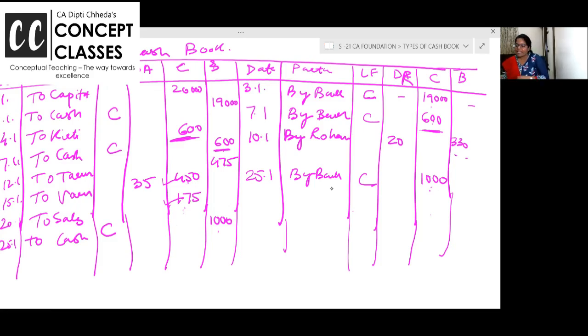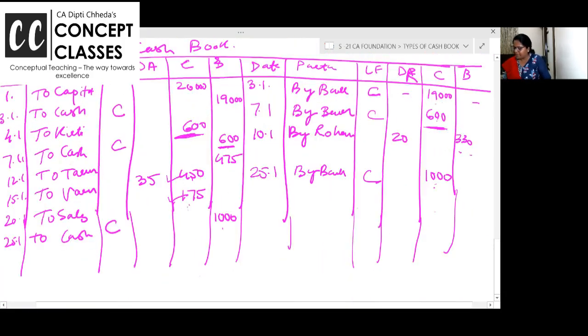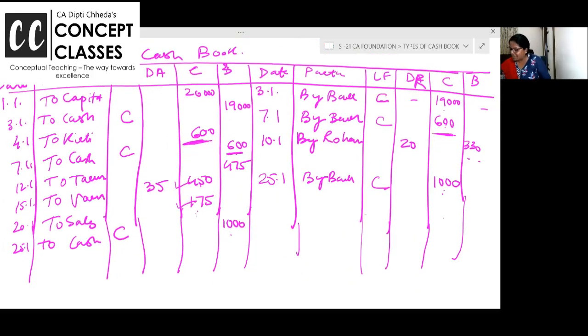He pays cash for purchases. 275 rupees you have paid in cash. Which column will we credit, carefully? When you do triple column, entries are simple, but you have to be very careful which column you are writing in. So 275 cash is going out by purchases.